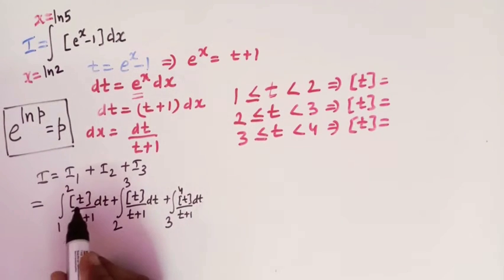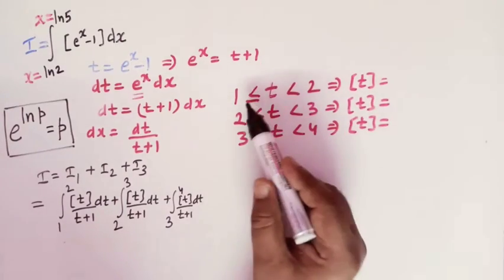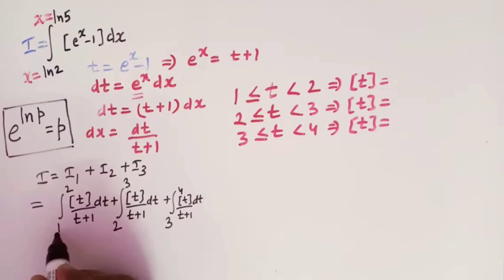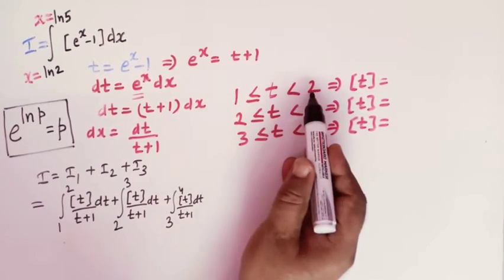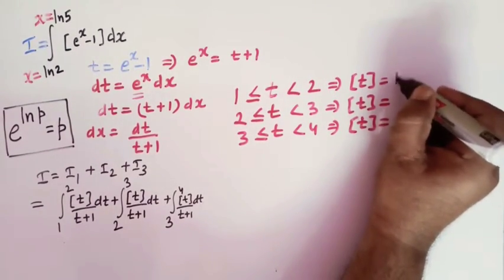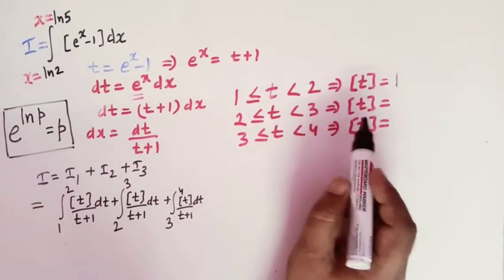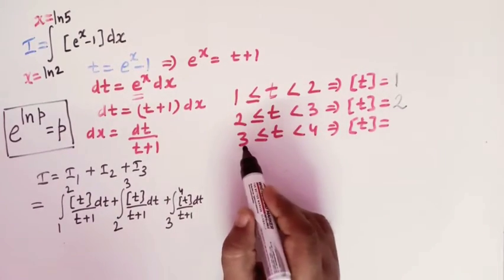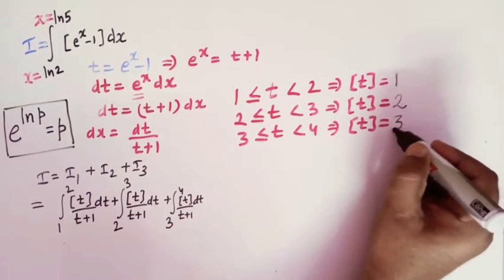Now let us write the value of the greatest integer t between these three intervals. First is from 1 to 2. So when t lies between 1 and 2, then the value of greatest integer t is 1, and when t lies between 2 and 3, the value of greatest integer t is 2, and when t lies between 3 and 4, the value of greatest integer t is 3, right?